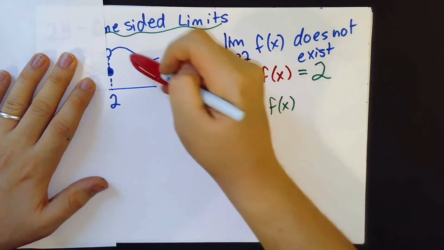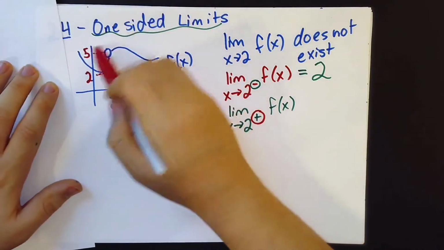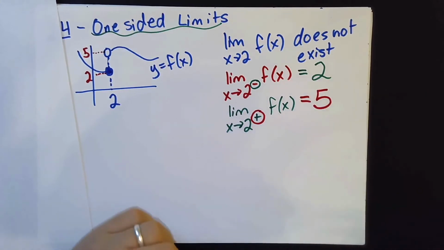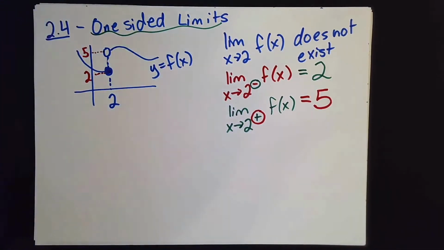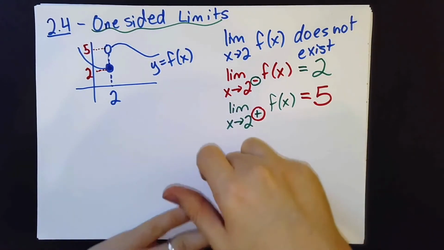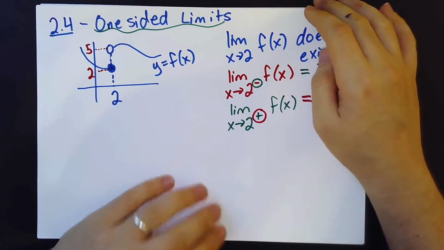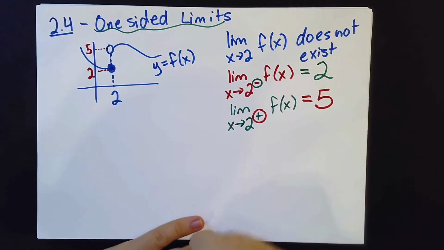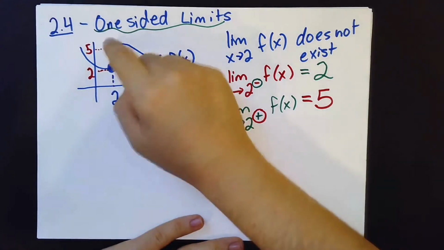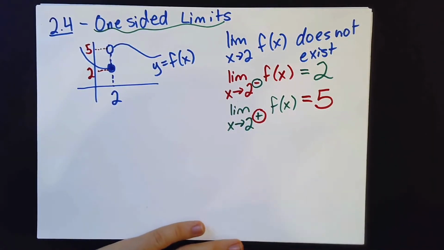And so I see this nice, beautiful curve, and that's going towards this 5. And so this is 5. If you're looking at graphs, one-sided limits give you a way to do just a tiny bit more articulation about what exactly is happening when you have one of these jump discontinuities. That's one piece of what one-sided limits do.